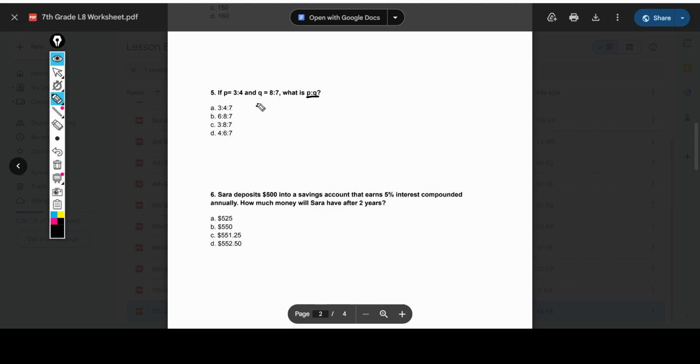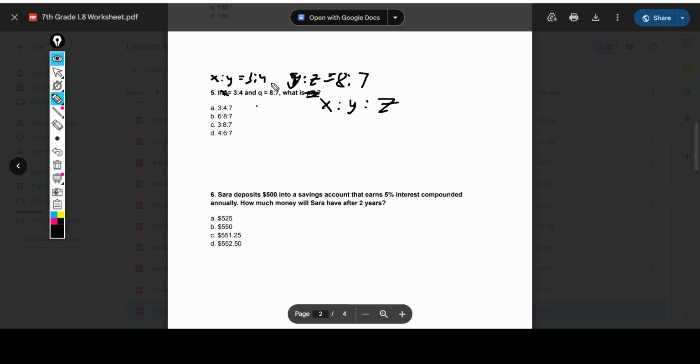But let's just change this problem a little bit. So x to y is equal to 3 to 4, and instead of Q, let's say y to z is equal to 8 to 7. And then we can find what is x to y to z.